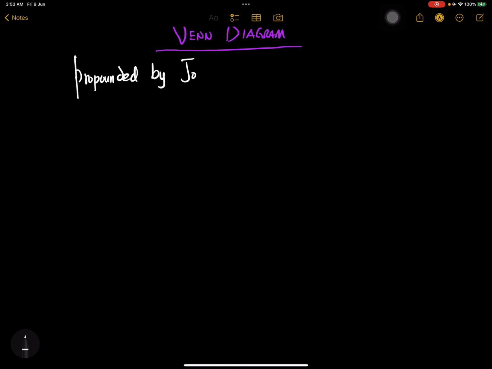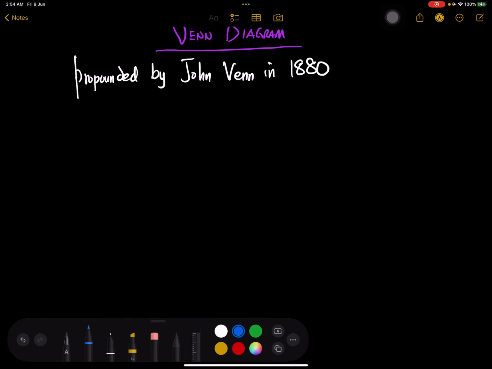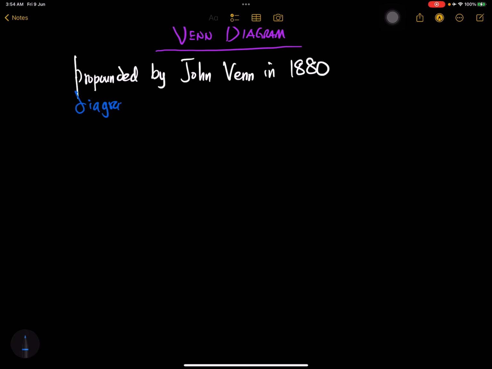When we talk about a Venn diagram, it's a diagram that depicts sets. It's a diagrammatic depiction of a collection of sets.